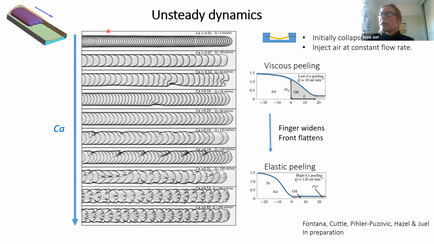And so this is directly linked to the mechanics of reopening in these systems, which depend on the size of this fluid wedge ahead of the finger. But here, I don't want to get into all the subtleties of this mechanism. Suffice to say that as you increase the capillary number, the amount of fluid ahead of the finger typically decreases, and you get less and less effect of viscous forces. So at low capillary number, you have a balance between viscous and surface tension forces, a bit like in a rigid channel.